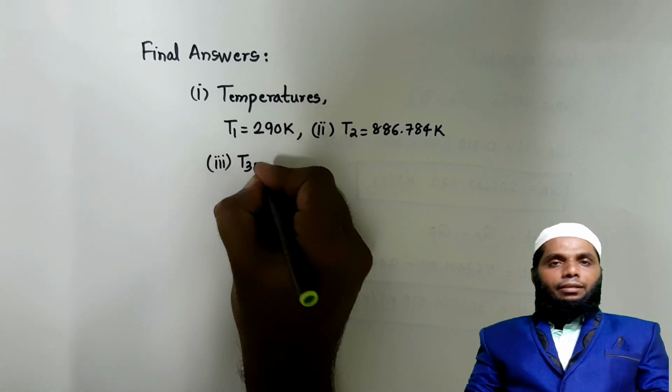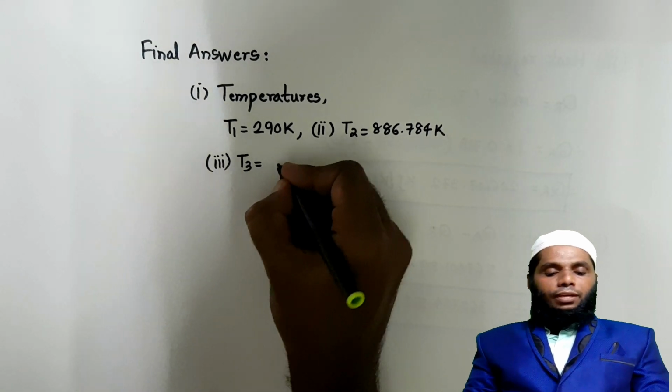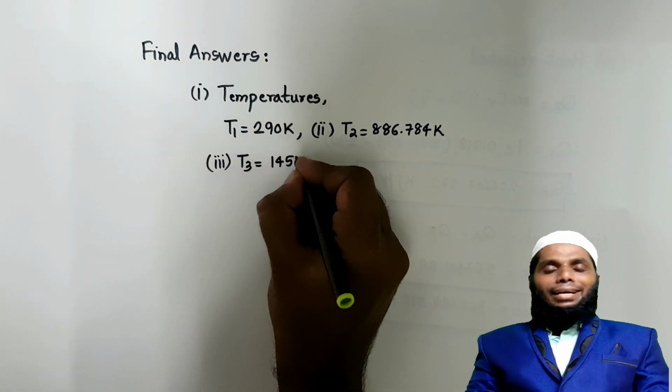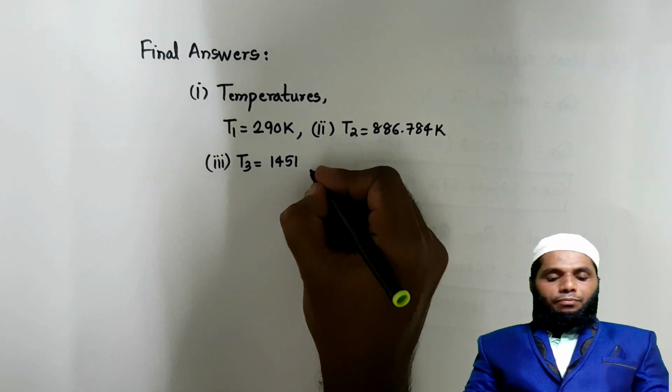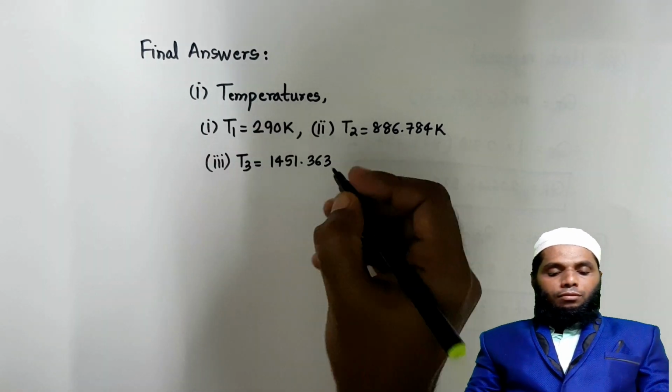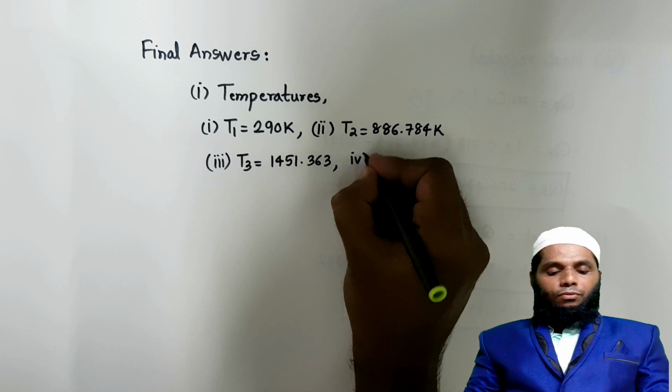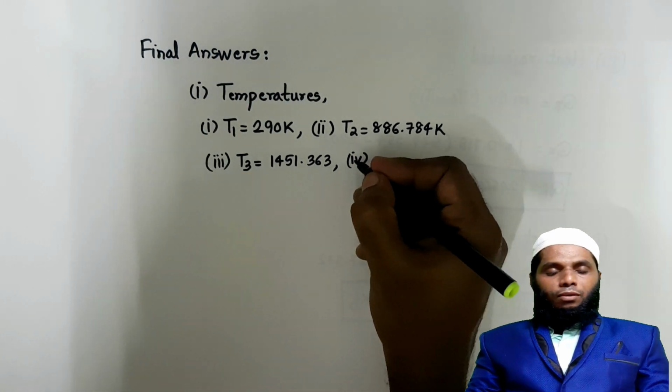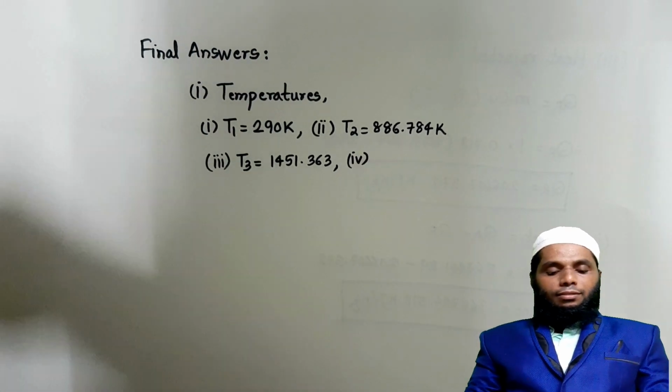Then the third point, where we found the maximum cycle temperature, T3, that is 1451.363 Kelvin.